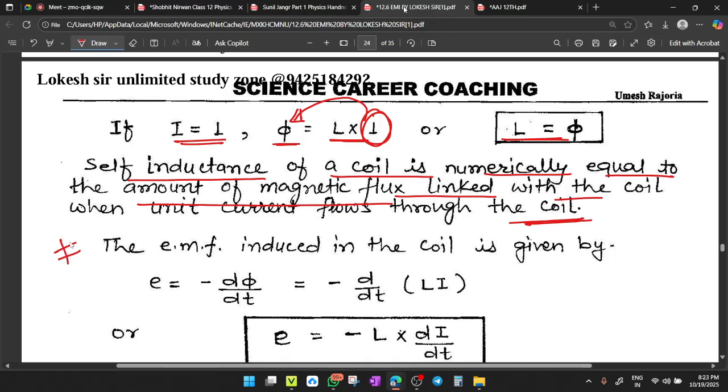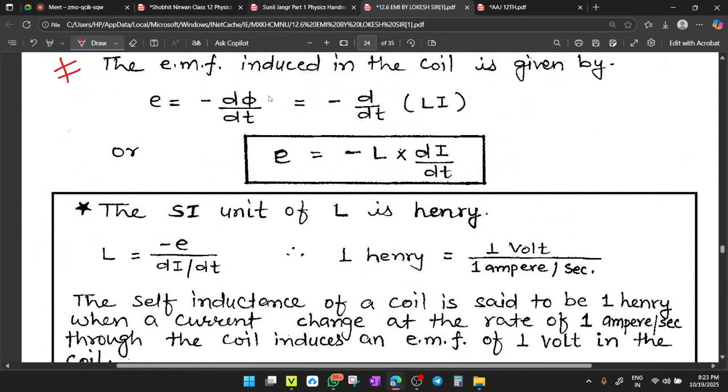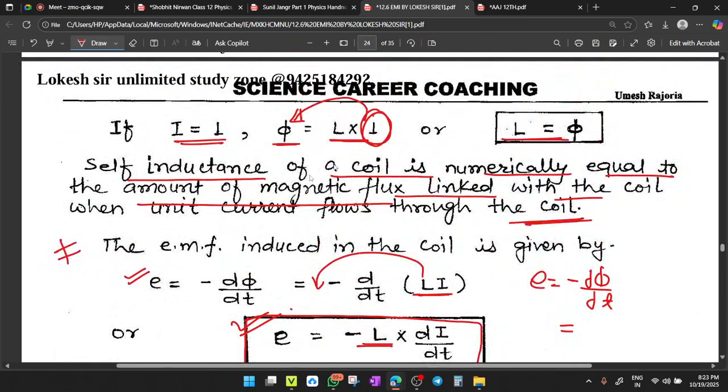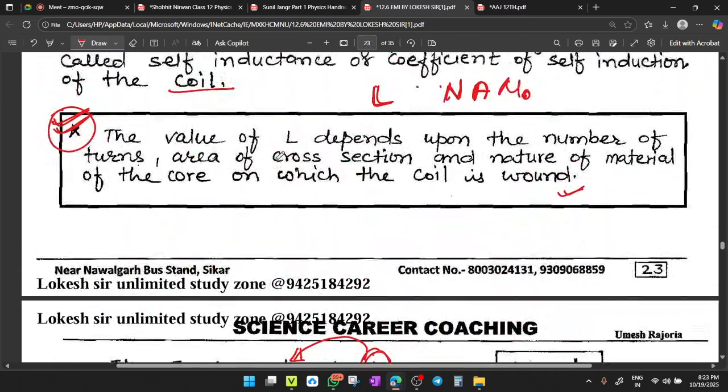One more definition: the EMF induced in the coil. I already derived this one as E equals minus d phi by dt. And by the formula of self-inductance, phi equals LI. L can be taken out as it is constant. So E equals minus L di by dt. Basically there are two formulas in self-induction. First, phi equals LI.